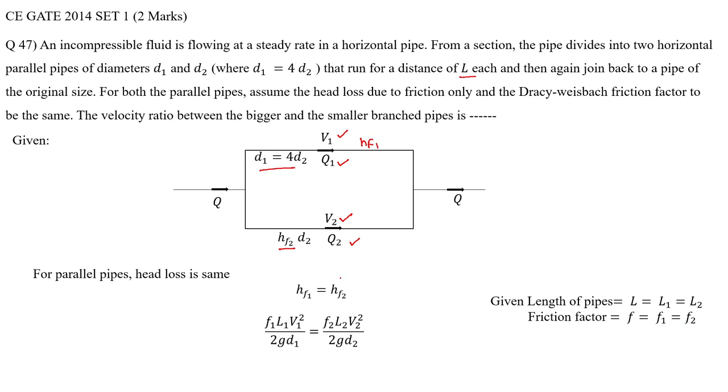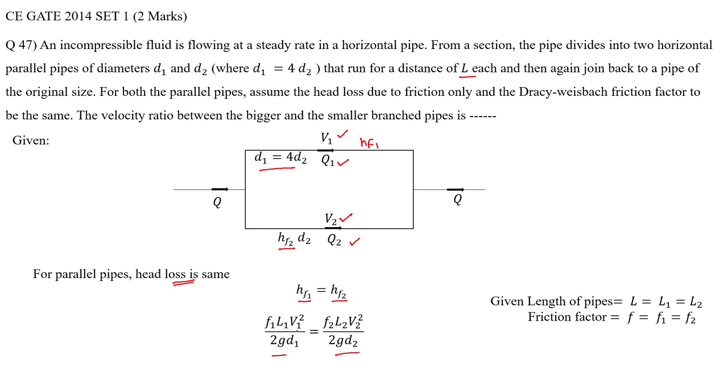As I mentioned in the previous slide, when both the pipes are connected in parallel, the head loss is the same. So with this assumption, we will equate HF1 equal to HF2. HF1 is nothing but the Darcy-Weisbach equation, which is loss due to friction, equal to F1 L1 V1 square divided by 2GD1, equal to F2 L2 V2 square by 2GD2.